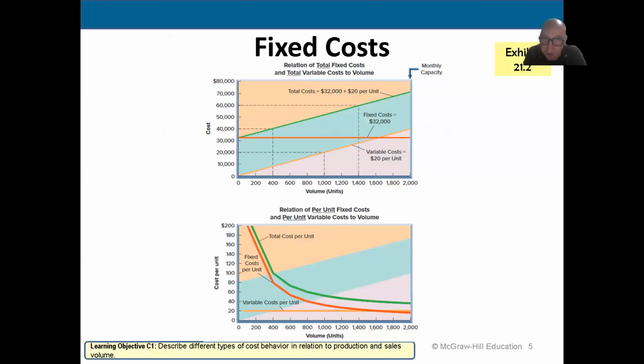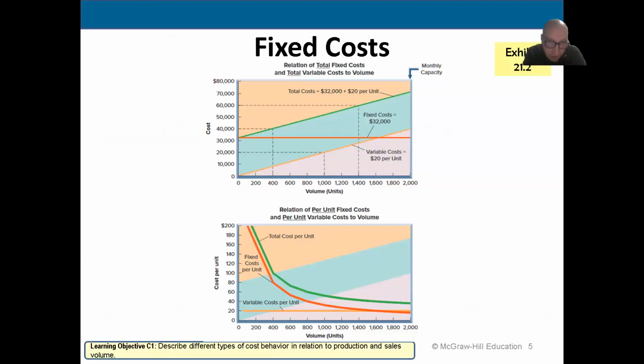We call those fixed costs. Fixed costs and variable costs need to be covered in terms of sales volumes.